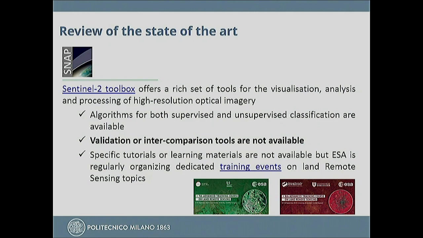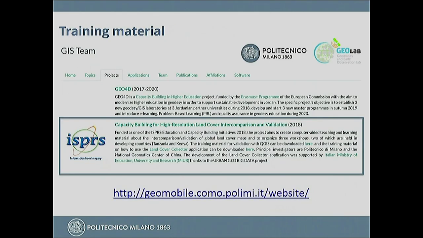Okay, so if this is the situation, we decided, within a project under the umbrella of the International Society of Photogrammetry and Remote Sensing, to provide some training material to be used also in developing countries, in such a way to allow people to learn how to assess the global land cover maps for deciding if they are suitable also in their region for their purpose or not.